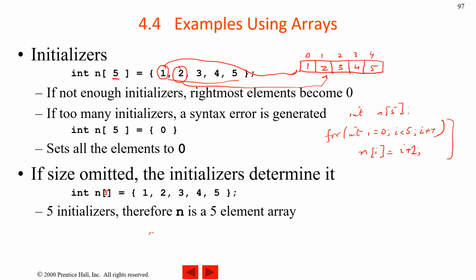You cannot do it like this: int n[] without giving the size and then use this for loop, whatever I have done over here. For (int i = 0; i < 5; i++), and then n[i] = i + 1.